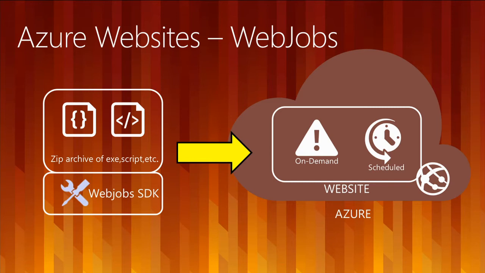We can wire up a job to read from that queue and do those things, and that's where the Web Jobs SDK comes in. The SDK allows you to write scripts, and you can target the service management API really easily. If you want to write stuff to blob storage or read stuff from blob storage as part of your job, you can do that with the Web Jobs SDK.